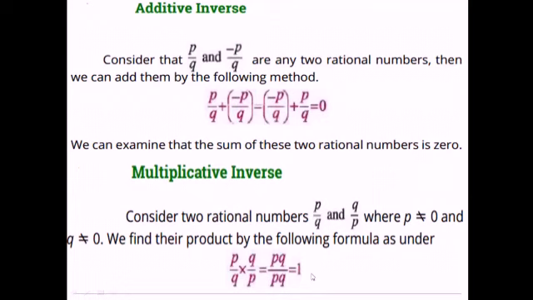If you take one number, 5 over 3, its reciprocal will be 3 over 5. When you multiply 5 over 3 with 3 over 5, 3 cancels and 5 cancels, so you get the answer 1. So you can say that 3 over 5 is the multiplicative inverse of 5 over 3. Now come to the exercise.